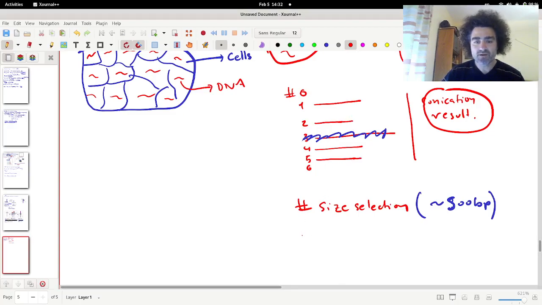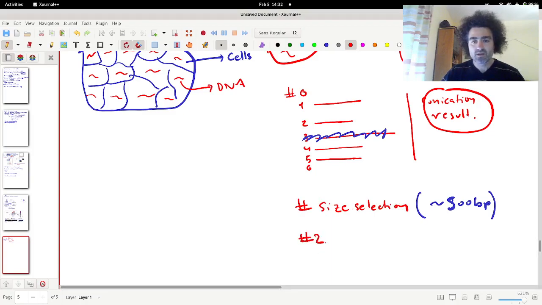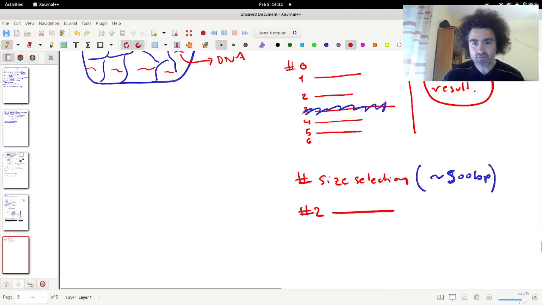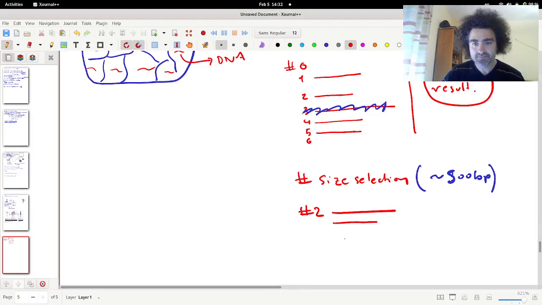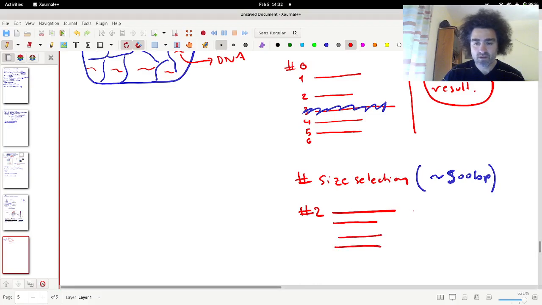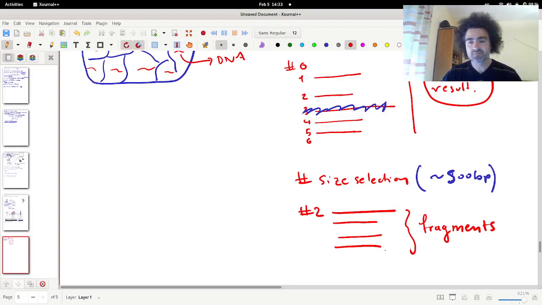Now step number 1 then, size selection, step number 2 is the following. We have all these pieces of DNA that we have kept, which are now called fragments. So these are the fragments.